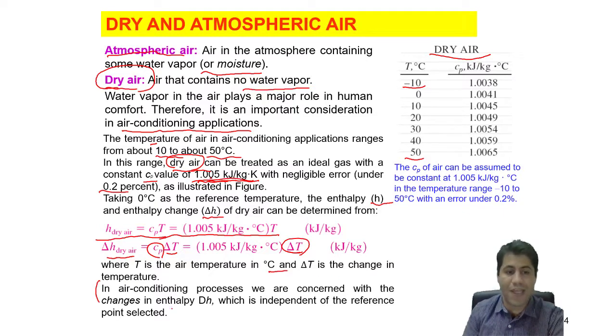And usually in air conditioning systems or processes, we are concerned with the changes in enthalpy, or delta H. So once we are dealing with air conditioning processes, it doesn't matter what the reference is, because usually we have delta H, which is independent of the reference point selected. So usually we use this equation to calculate delta H of the dry air.